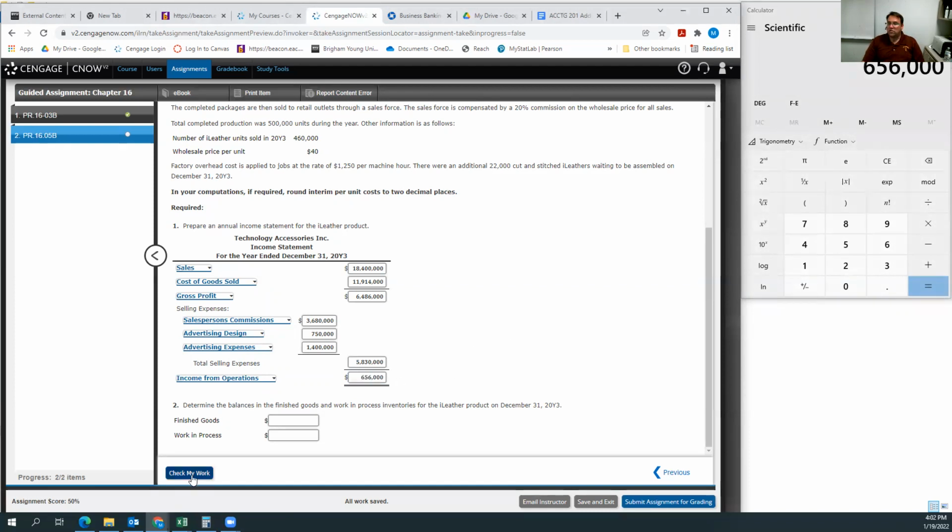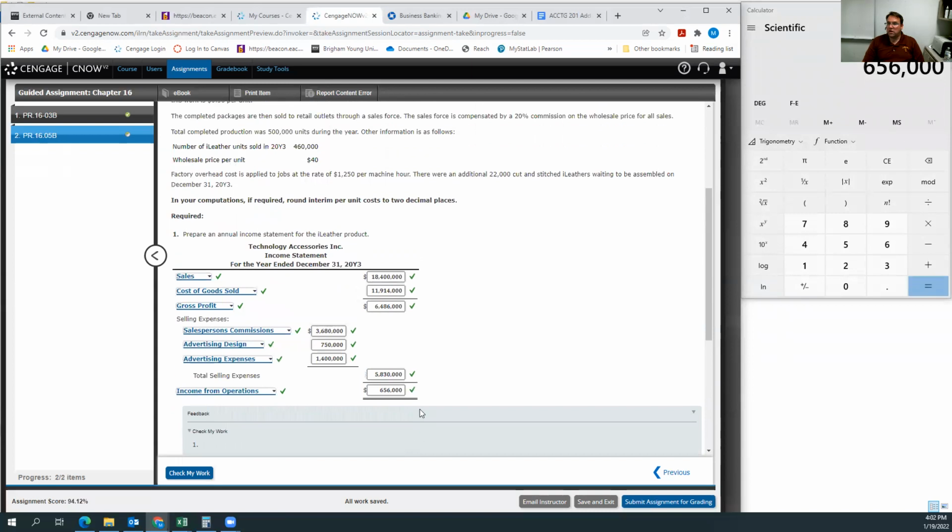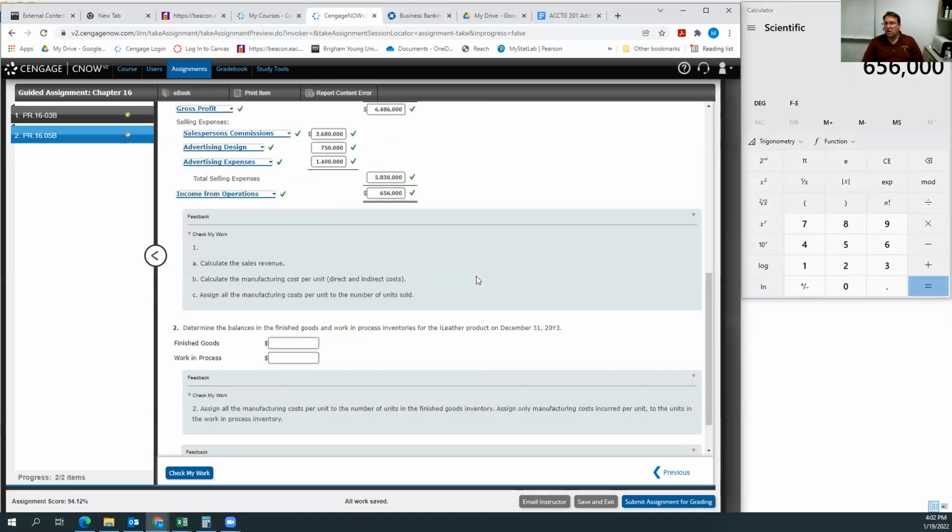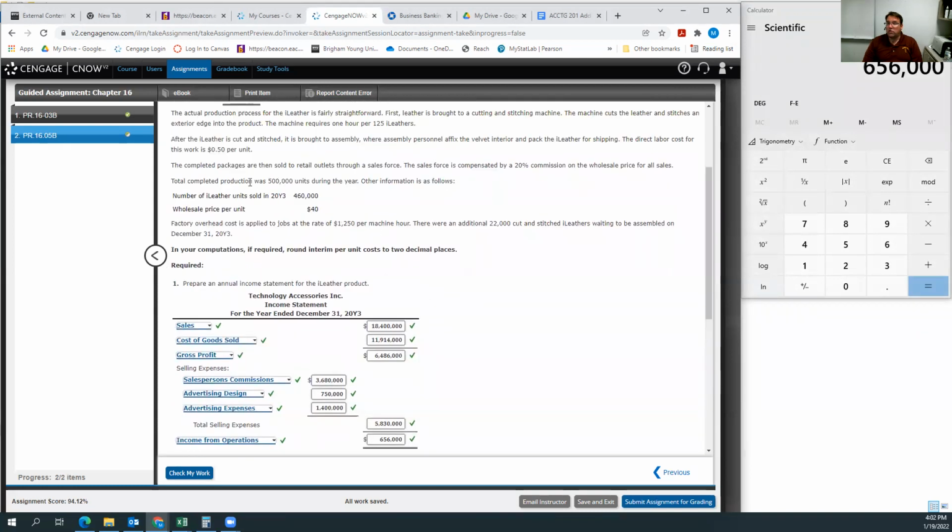We'll go ahead and do a check just to make sure we're good to this point. And we are, so that's good. So we'll come down here, it'll say determine the balance in the finished goods and work in process inventories for eye leather. So we know that if we produced 500,000 and sold 460,000, then there must be 500,000 minus 460,000, 40,000 units in finished goods.